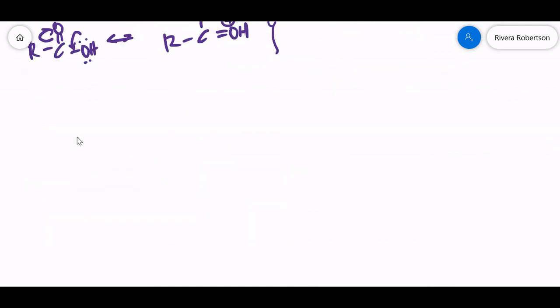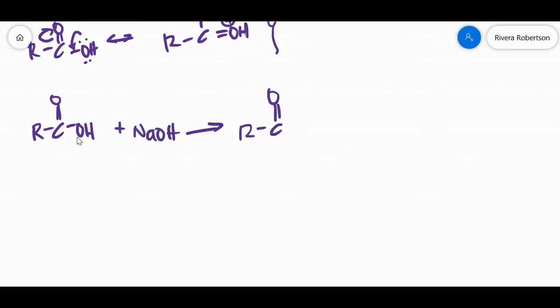Now, just like any other acids, your carboxylic acids are acids. Hence, they are capable of reacting with bases to form salts. So, for example, you have your carboxylic acid plus a base. You will form salt and water.